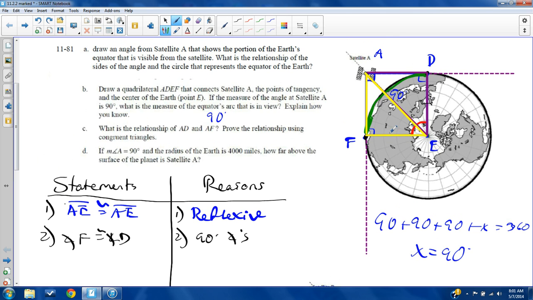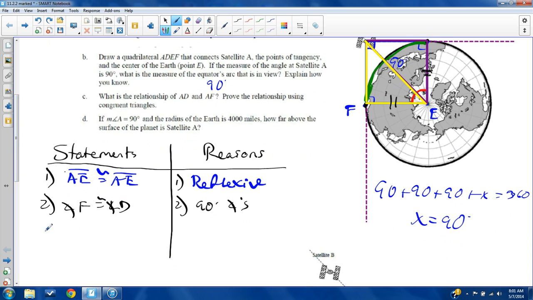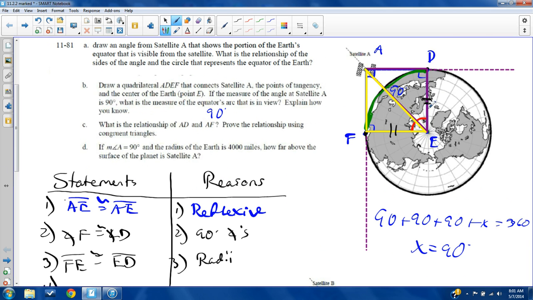You can't forget that these two are congruent because they are both radii of a circle. So FE is congruent to ED because they're circle radii. And now we can say these two triangles are congruent. Triangle DEA is congruent to triangle FEA.